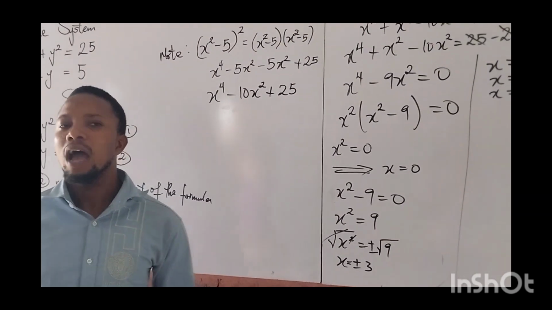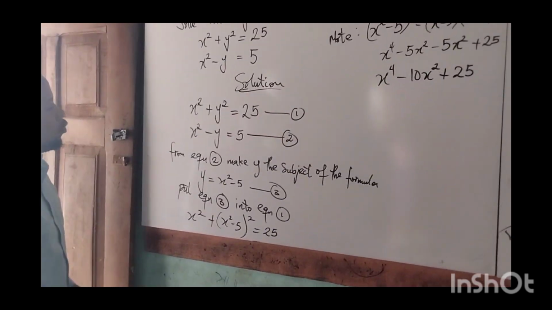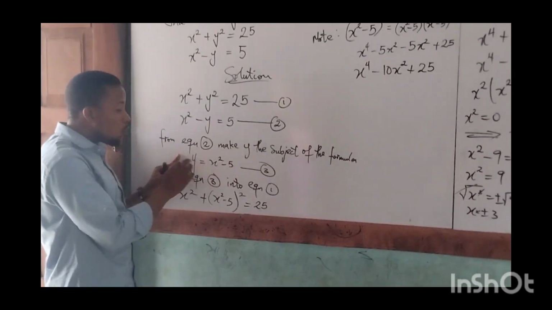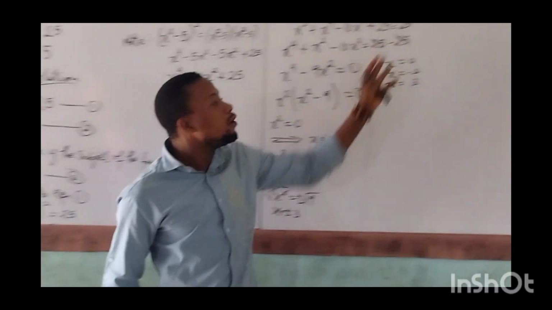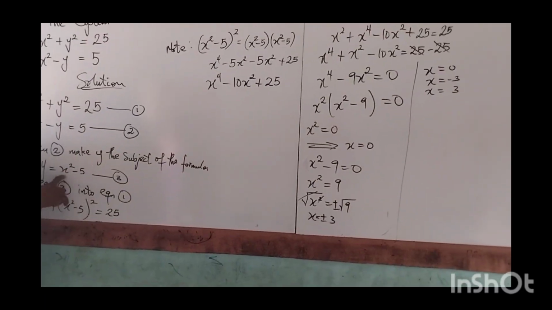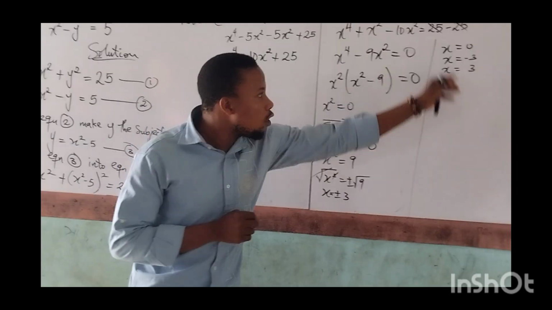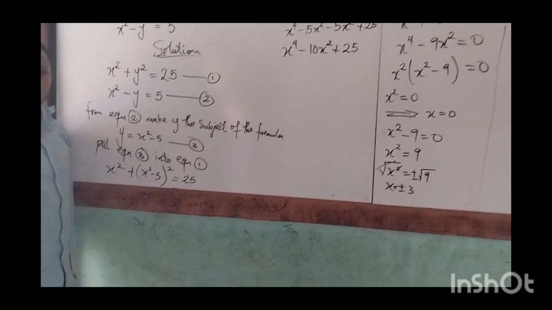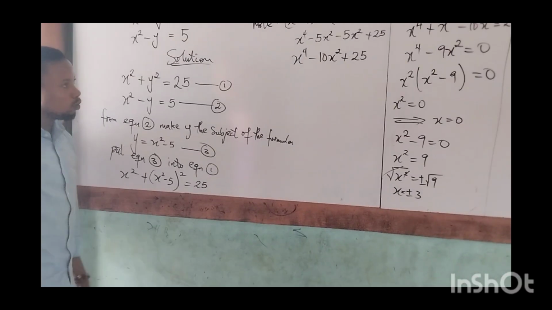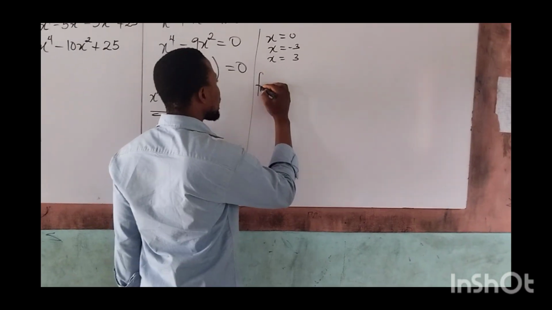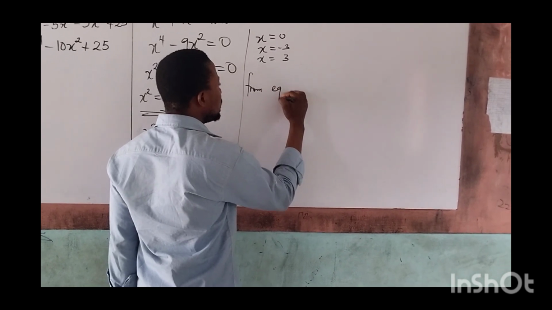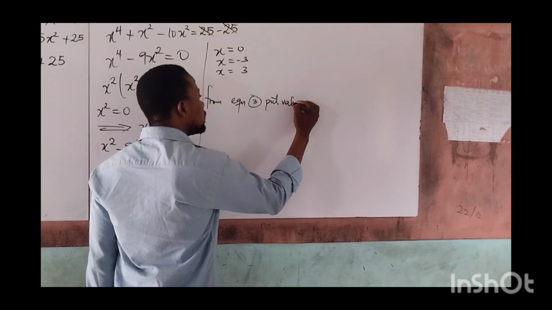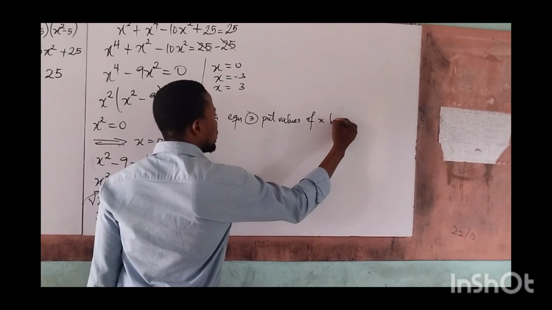But I need to get y. How can I get y from this? You recall that I have a single variable for y, which is equal to this. So I can put the values of x into equation 3 for me to get y. It is very simple. It is a trivial thing. So from equation 3, put the values of x to get y.